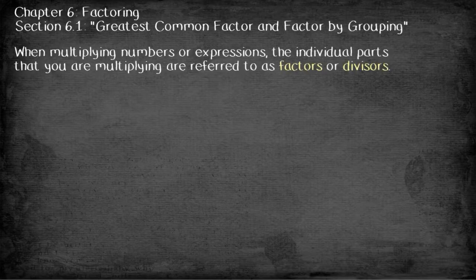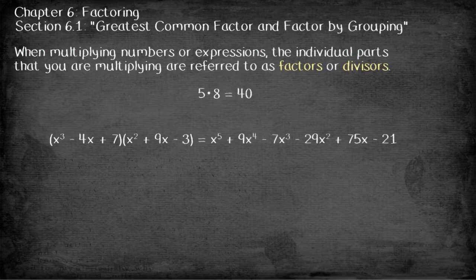So remember that when we multiply two numbers together, the individual parts you're multiplying together are referred to as the factors, or also as the divisors. So here we have two expressions being multiplied together. The first one is just numbers, 5 times 8 equals 40.